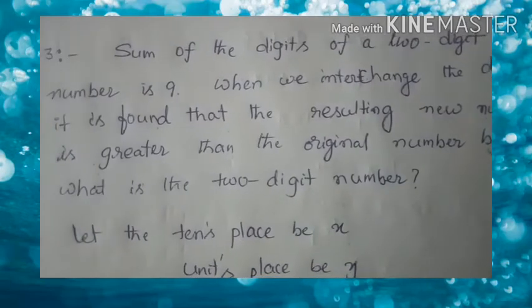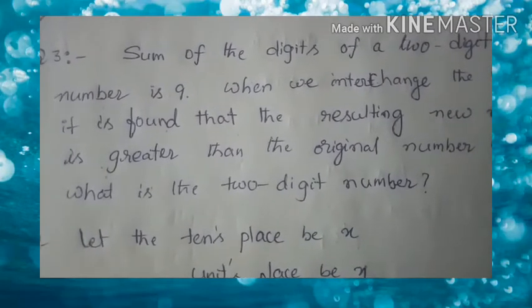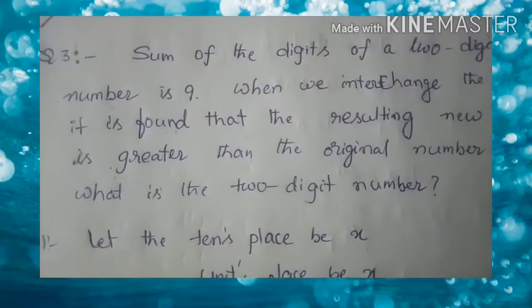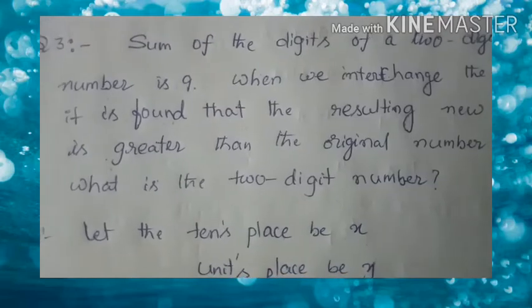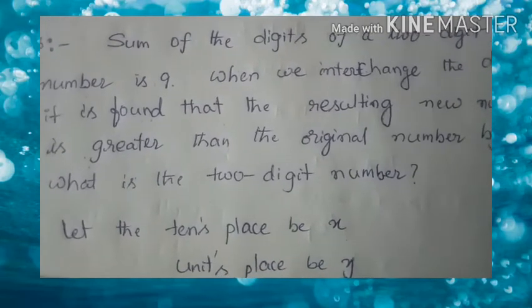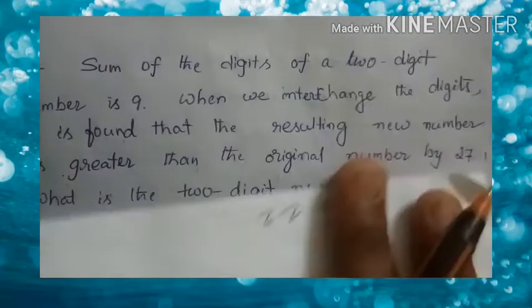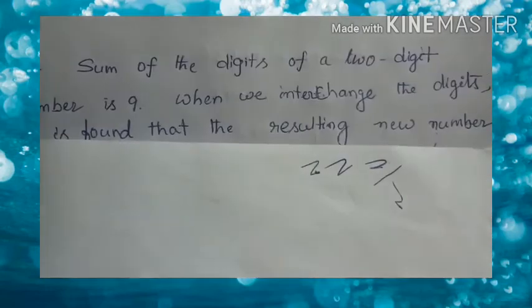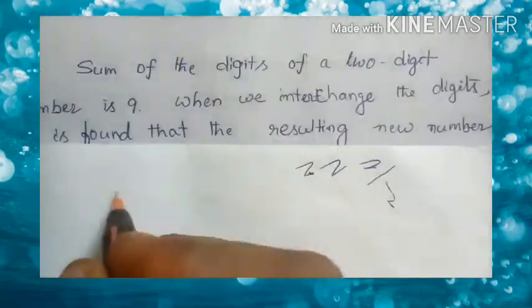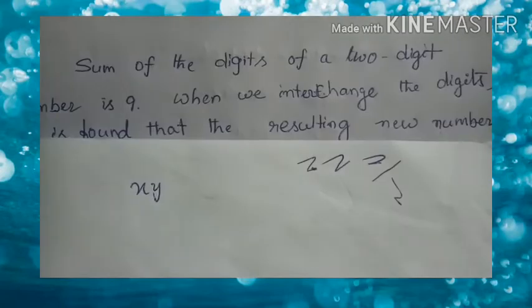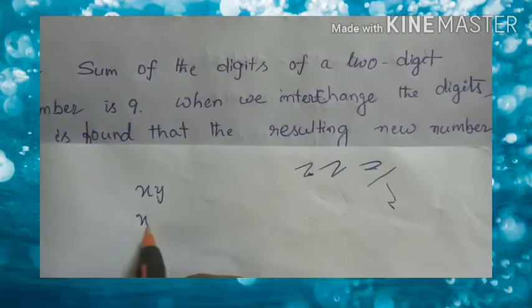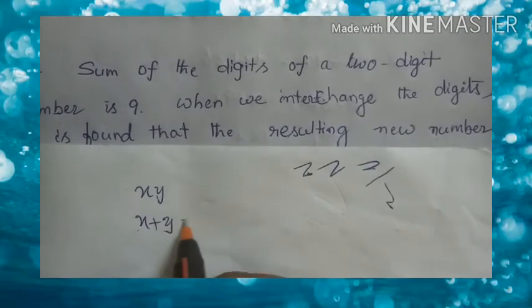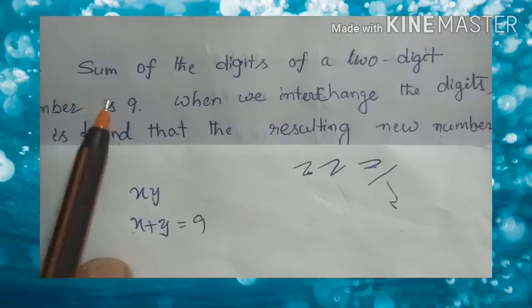So what is the 2-digit number? Okay, see, first clue: take xy as the 2-digit number. Second, the sum, that means when you add the digits, you will get 9.